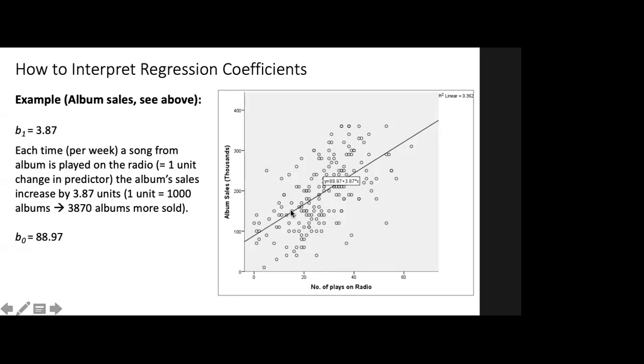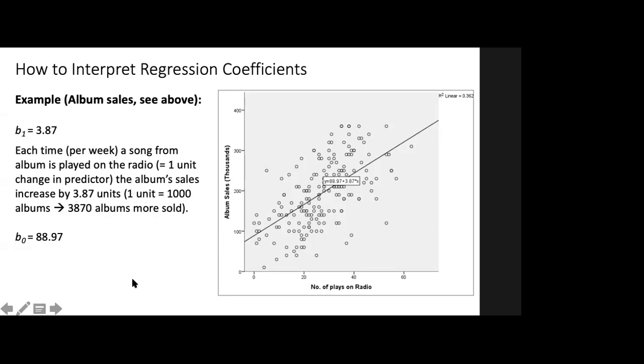So a 1 unit change in the predictor corresponds to a 3.87 unit change in our outcome variable. Because a unit for the album sales was 1,000, this corresponds to 3,870 more albums sold per radio play.